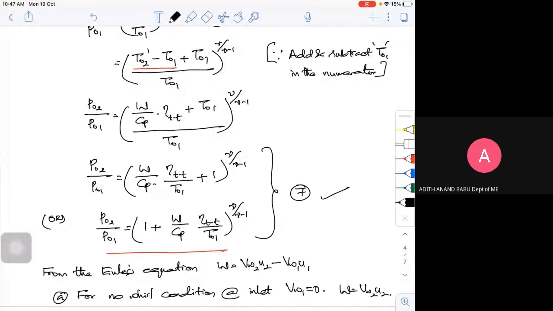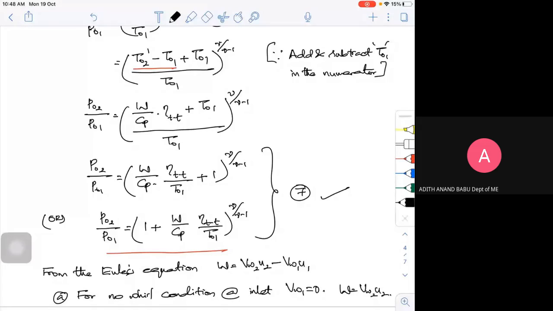If I put that, or rather your VW2 dash, I can write as sigma into VW2, because sigma is equal to VW2 dash by VW2. Then the equation will get reduced. I am bringing in a factor called the slip factor. Say the slip factor is around 0.9, so it is 90% efficient, or 0.95, it is 95% efficient. I am bringing in the actual things happening rather than the ideal one.